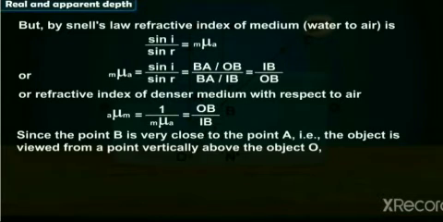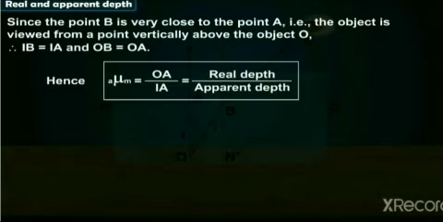Since the point B is very close to the point A, that is, the object is viewed from a point vertically above the object O, therefore, IB is equal to IA and OB is equal to OA.